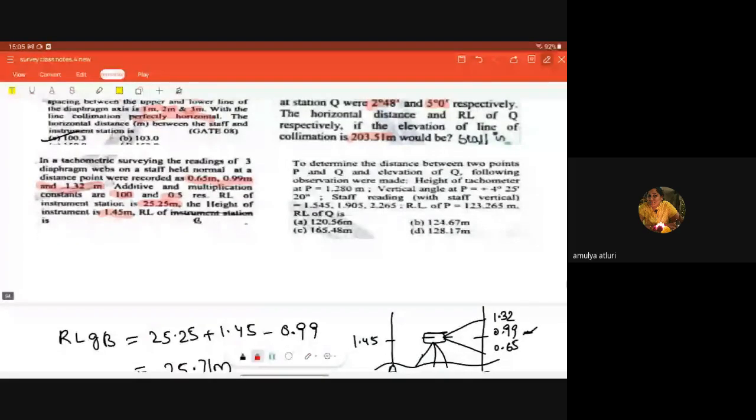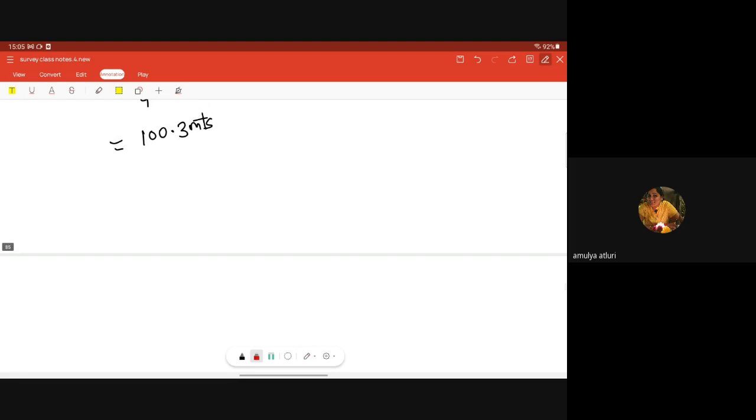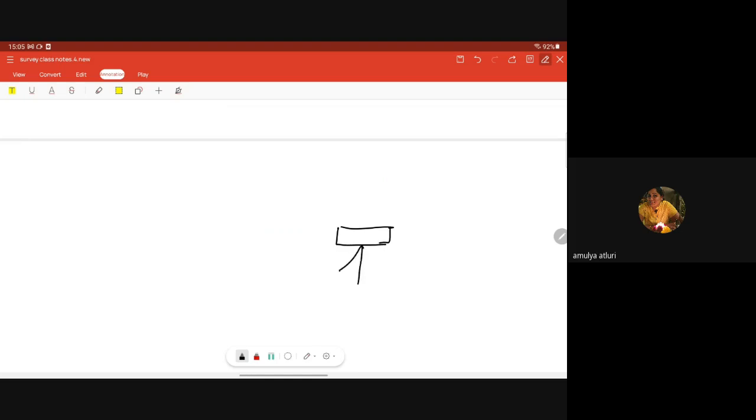So let's draw the diagram first. So they told us like, okay. This is the height of instrument.